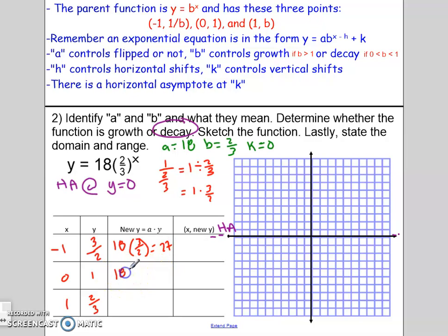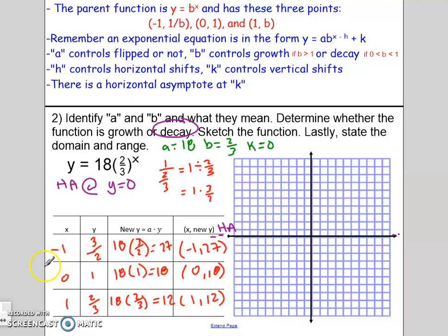Then 18 times 1, 18. And then 18 times 2/3, which is going to be 12. And if you don't know how I got these numbers, please, by all means, use a calculator. So now the coordinates I will plot will be -1 and 27, 0, 18, and 12.